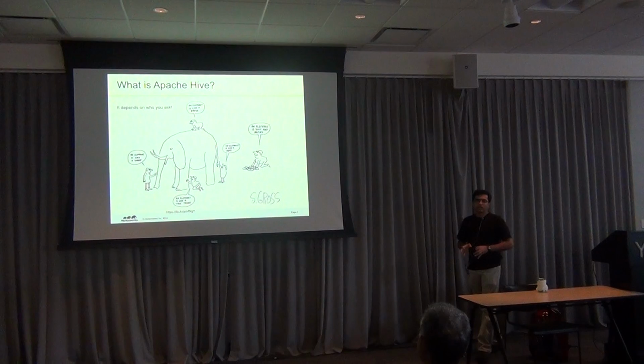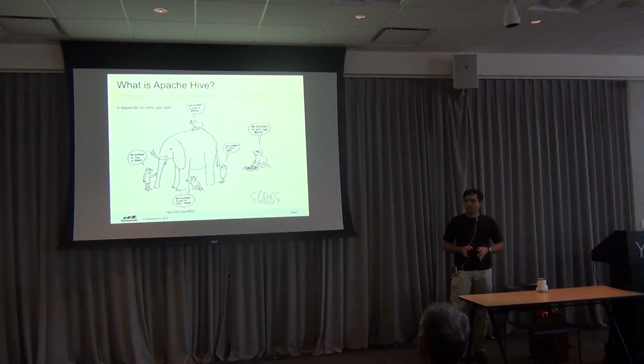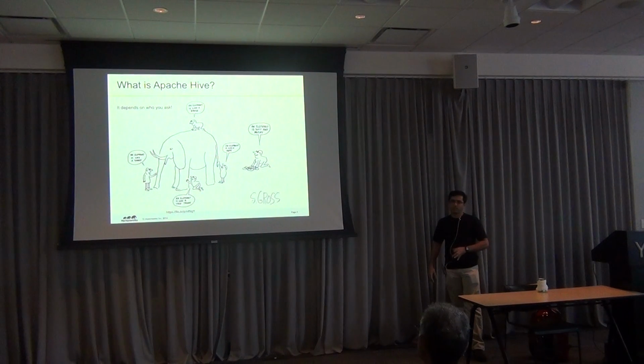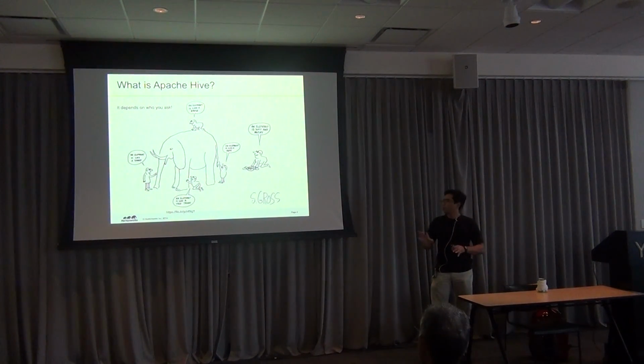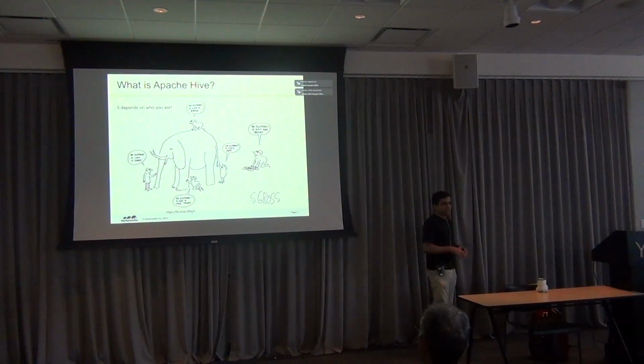Before we dig deeper, let's ask the question, what is Apache Hive? Like the story of the elephant and the 5 blind men, it will depend on who you ask. One guy may say that an elephant is like a rope, and another guy may say that an elephant is soft and bushy.